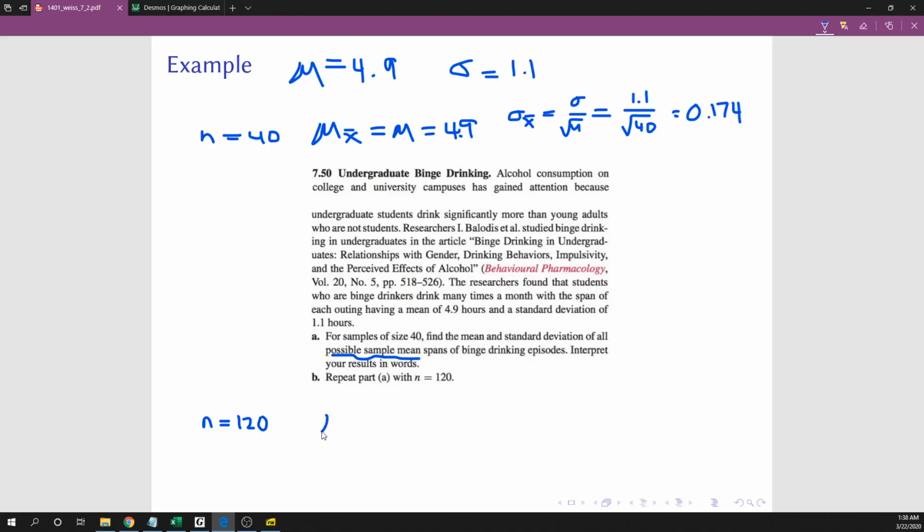So the mean of all the sample means, again, is exactly the same as the population mean, 4.9. The standard deviation of all the sample means, of size 120, is going to be the population standard deviation divided by the square root of the sample size. So that is 1.1 divided by the square root of 120.